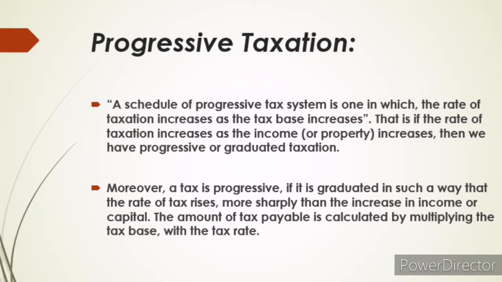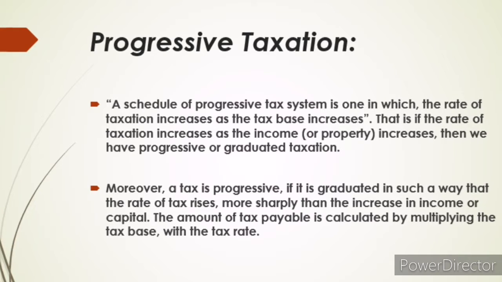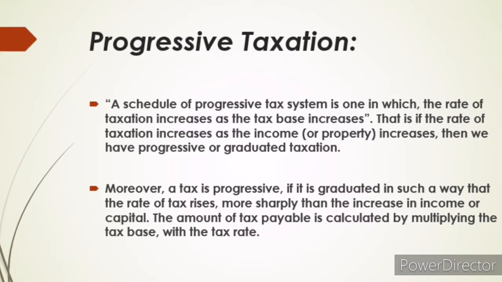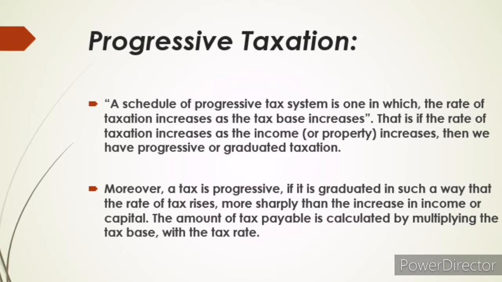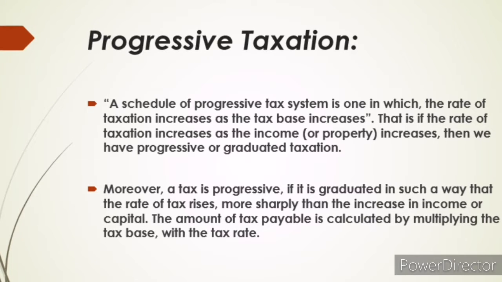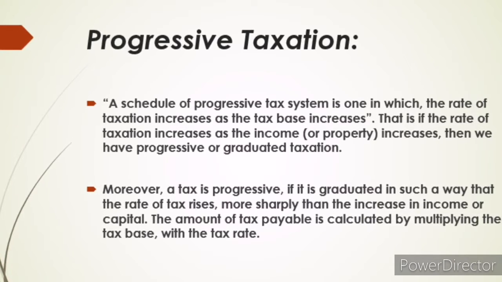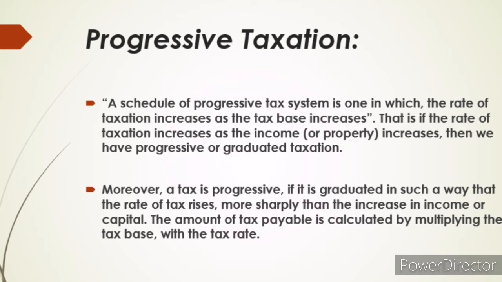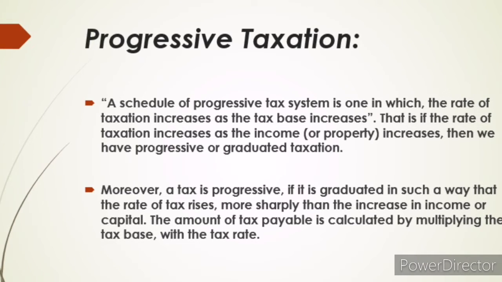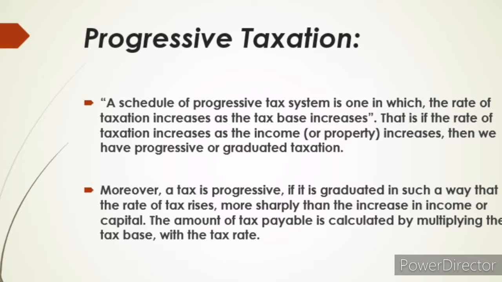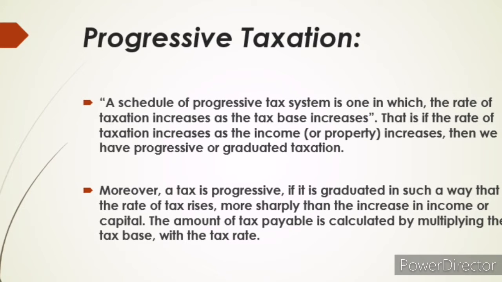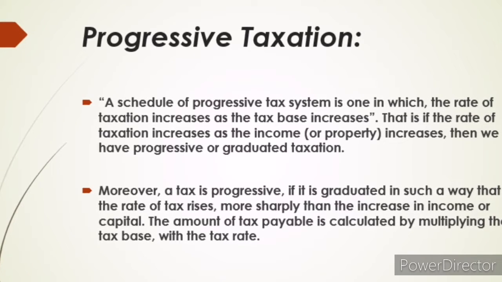Progressive taxation. A schedule of progressive tax system is one in which the rate of taxation increases as the tax base increases. That is, if the rate of taxation increases as the income or property increases, then we have progressive or graduated taxation.